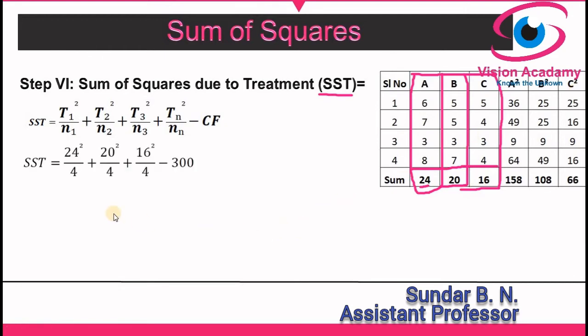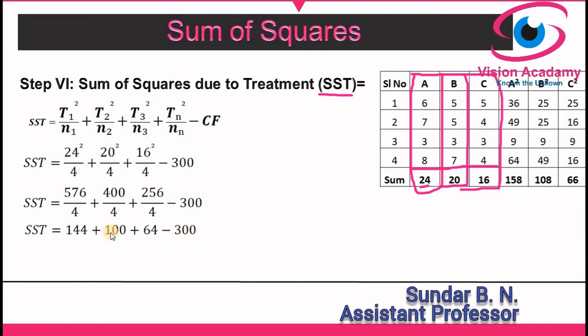When we add this to the formula, 24 square by 4, where 4 is the number of samples in the first column, and 20 square by 4, and 16 square by 4, and the correction factor is 300. Simplifying, 24 into 24 is 576, 20 into 20 is 400, 16 into 16 is 256, each by 4.